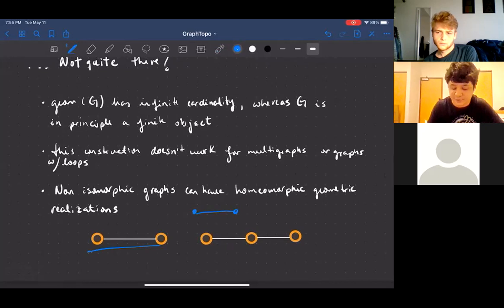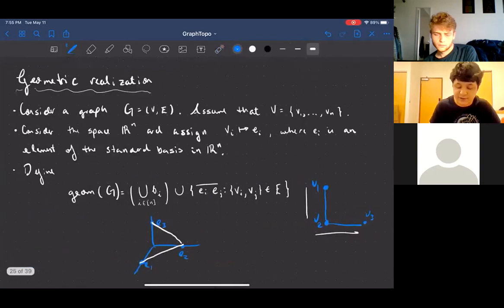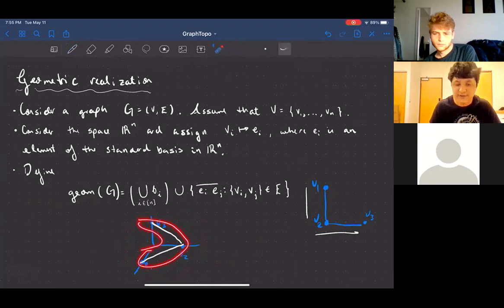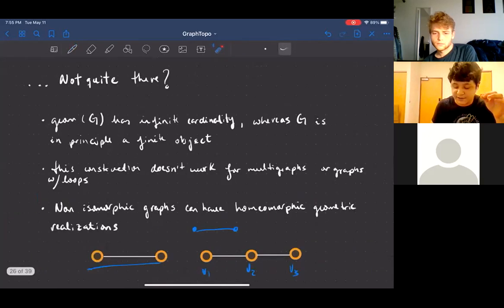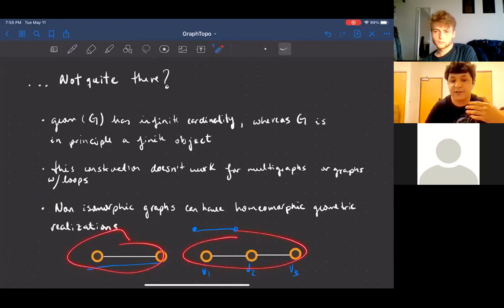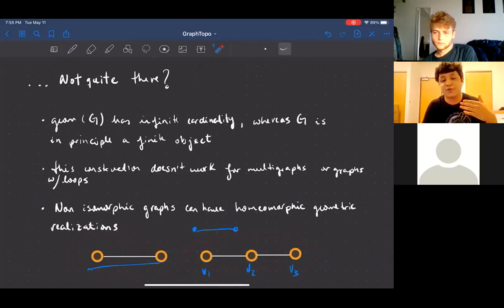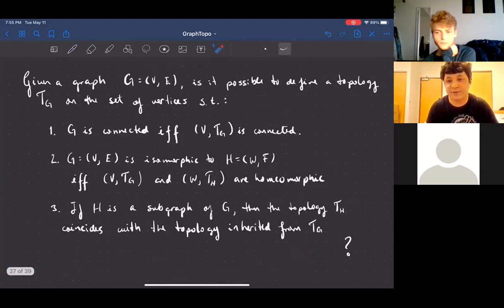But for example, the geometric realization of this graph here, if we label these points as B1, B2, and B3, is the same geometric realization I showed here. But the thing is, if you unfold this line segment here, you still get a straight line. And for the topology, these 2 segments represent the same thing. So this solution doesn't preserve this special feature of graphs. So we still need to look for something else, at least for this purpose.